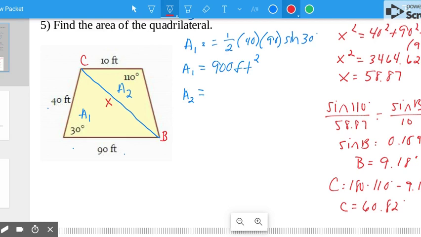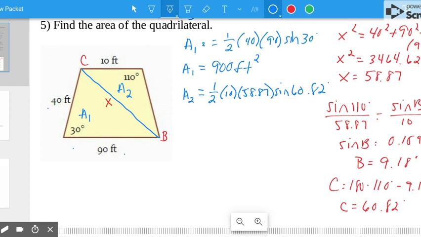So now I can use side angle side. So coming back over here to area of triangle 2, I'm going to do 1/2 times 10 times the 58.87 times sine of angle C, which we found to be 60.82 degrees.